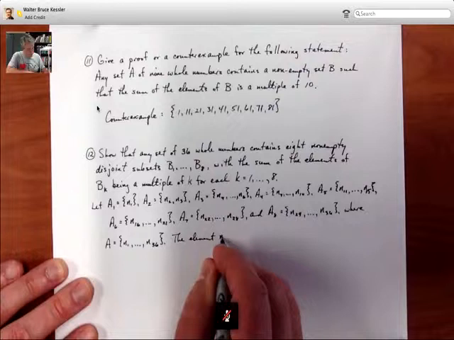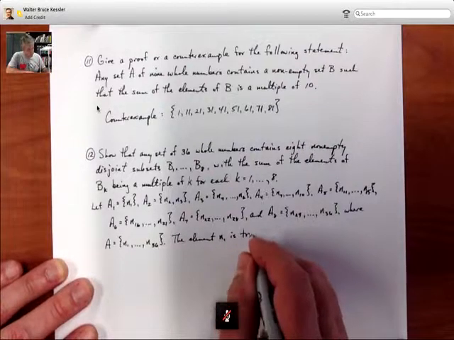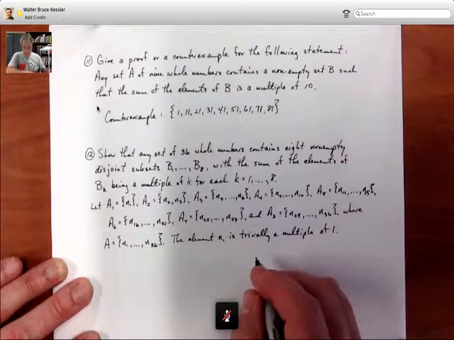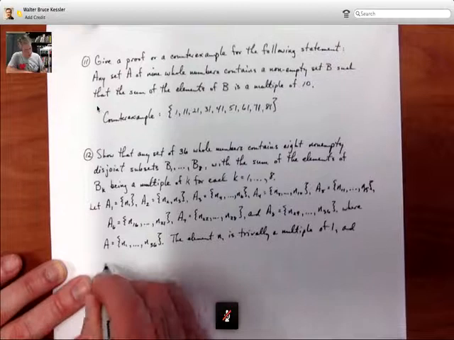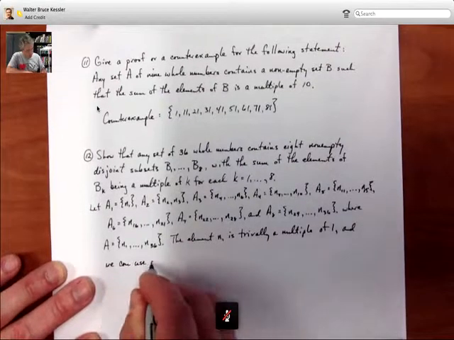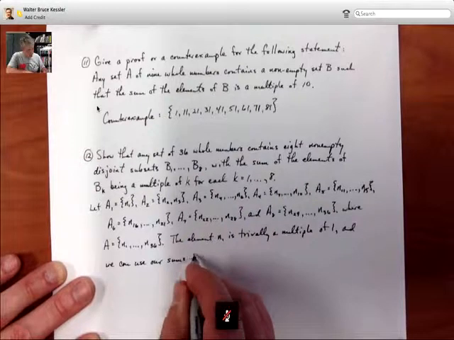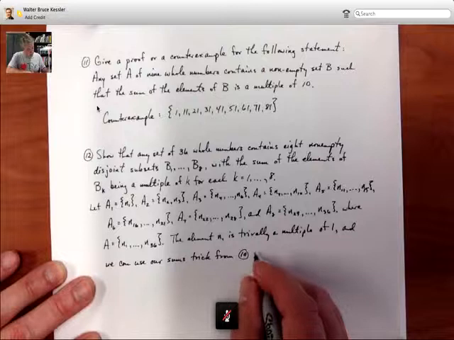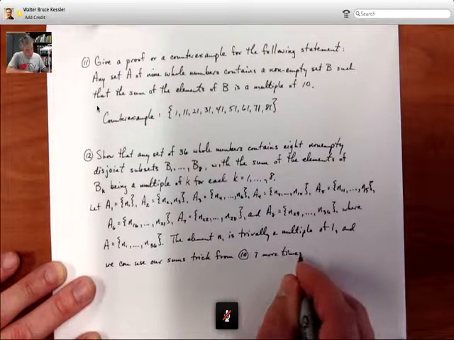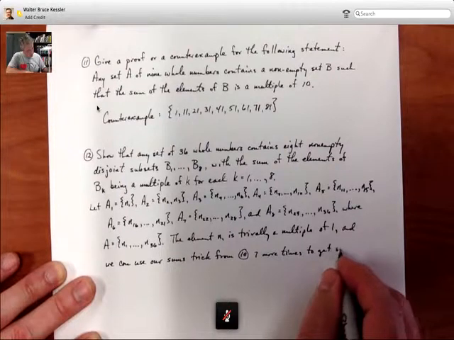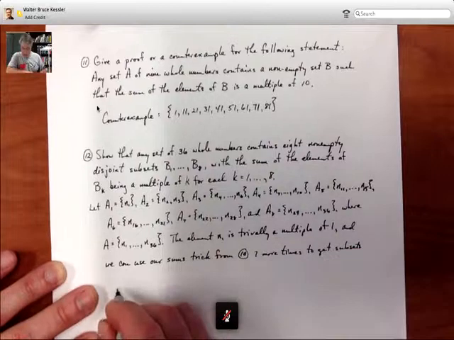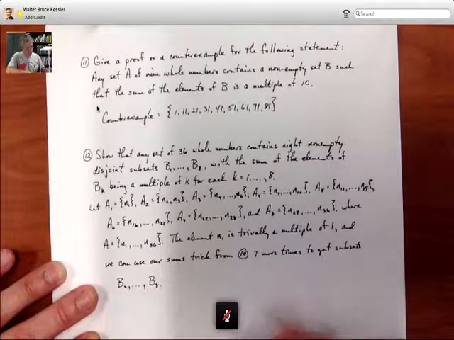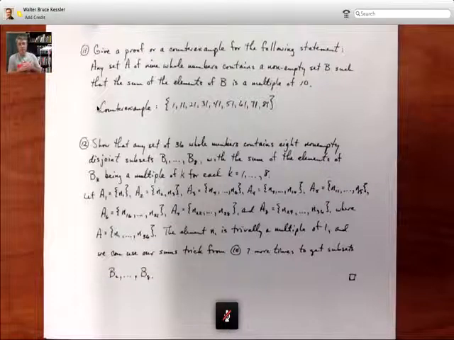The first one, the element in A1, is trivially a multiple of 1, and we can use our sums trick from problem 10, okay, 7 more times to get subsets B2 through B8. Now, that's close enough on this one.